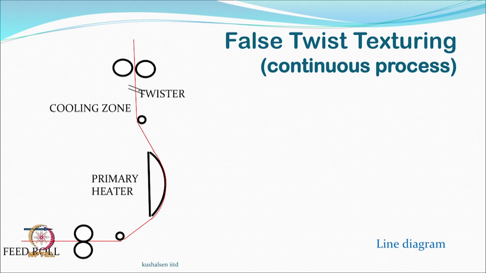This is a line diagram of another method which is called false twist. So, the yarn comes from this side, maybe from a package, feed roller, you take the yarn, then there is something called a heater. So, the yarn passes over the surface of the heater and guided to another thing which is the take up roll, and between these two rolls you have, this is what we call as a primary heater.